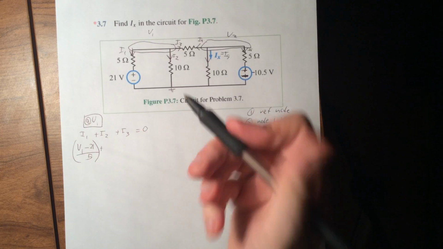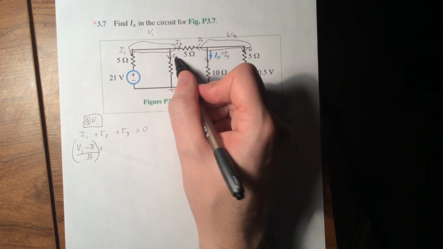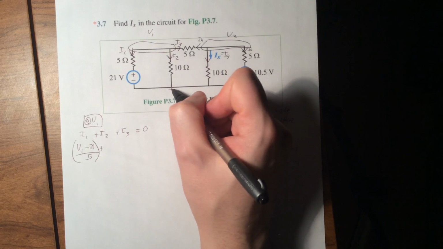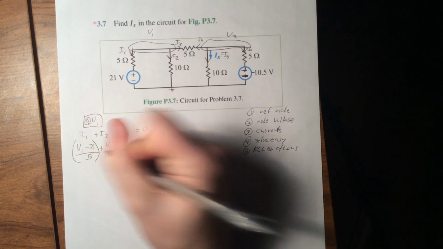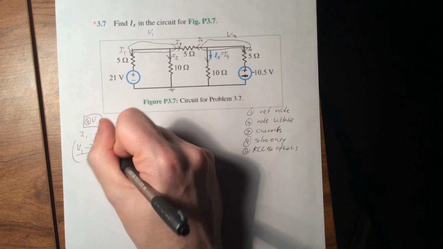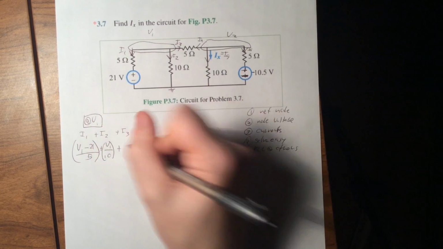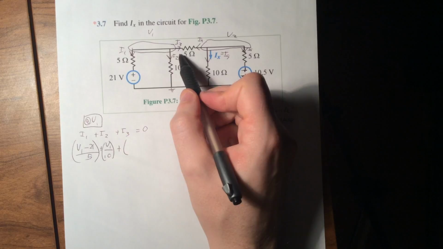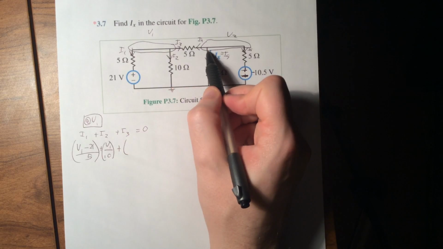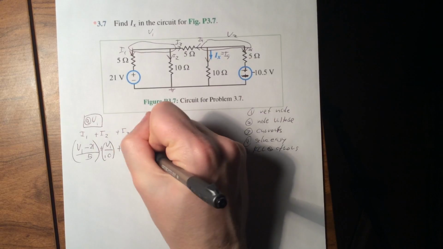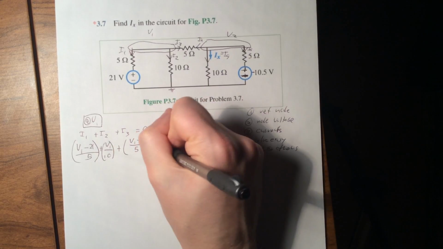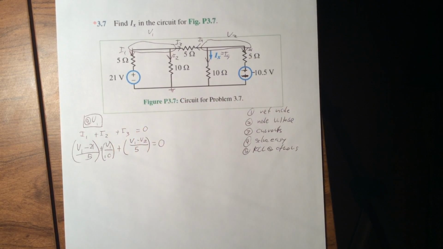Plus I2 is V1 to 0 over 10, so V1 over 10. Looks good. Put that in parentheses. Plus, we've got I3 is (V1 minus V2) over 5, equals 0.